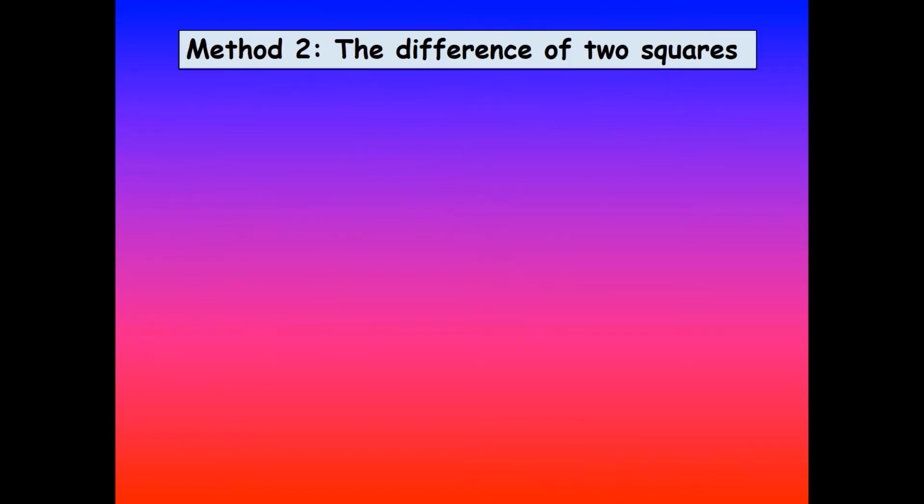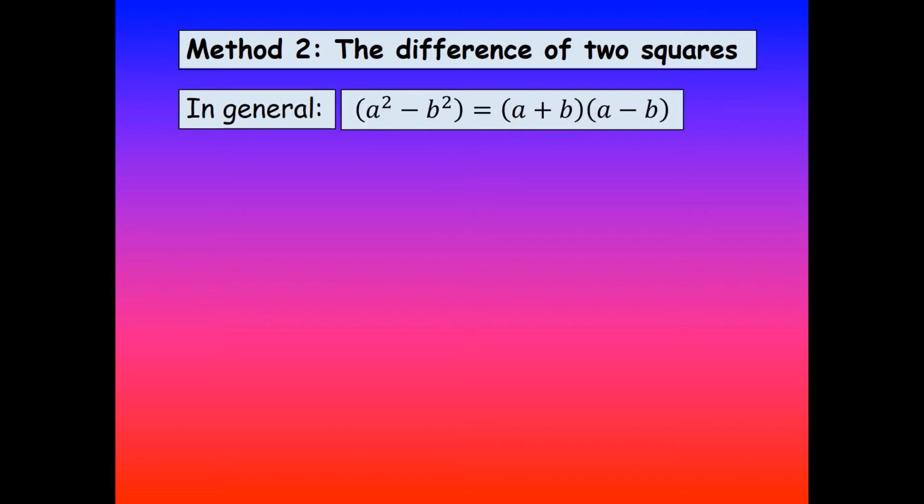The second method, difference of two squares, what this means is in general you'll be given a squared minus b squared, and that can be written as a plus b into a minus b. Just need to know that when we are factorizing, we are writing the result as a product of two factors.